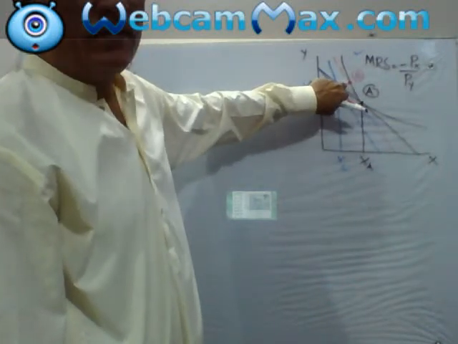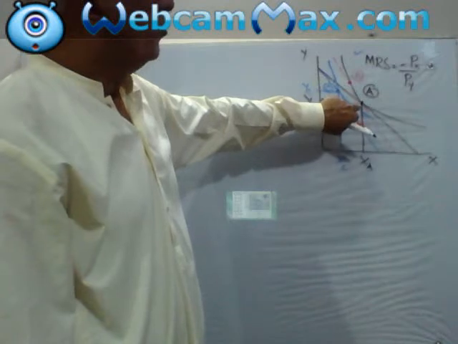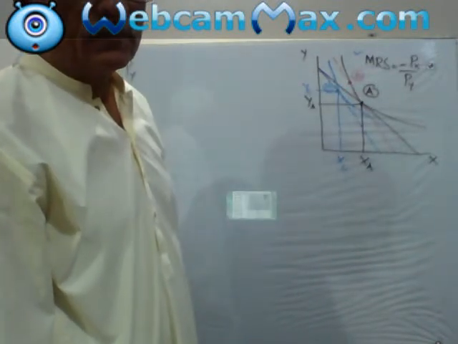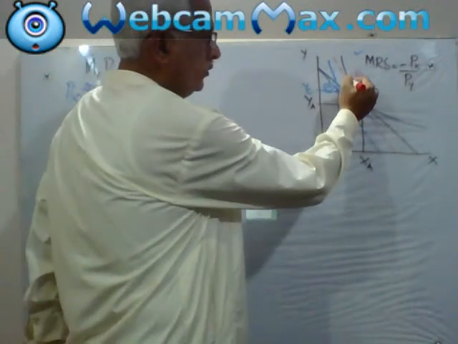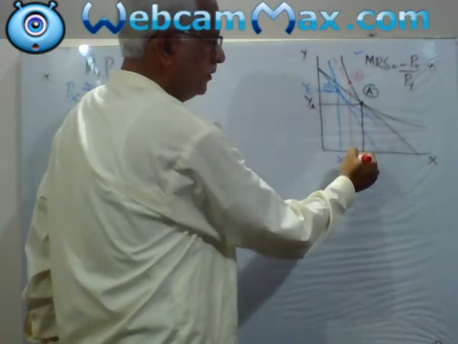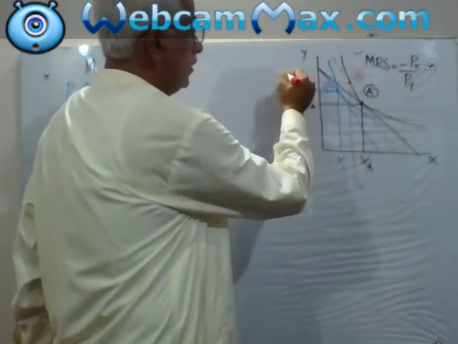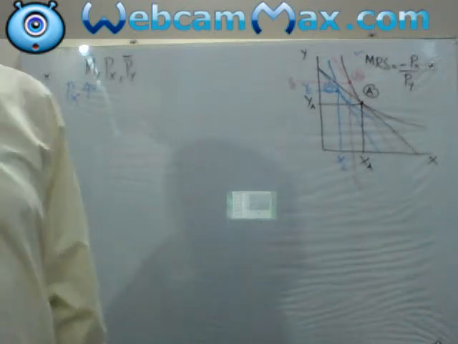B is the point when the price ratio changes. Okay. At points A and B, the real income is constant. The price ratios are changing. So we have a bundle XC and YB. Okay.